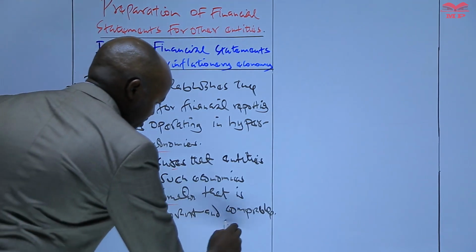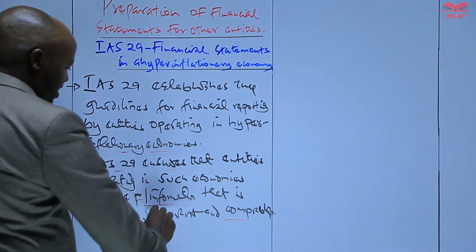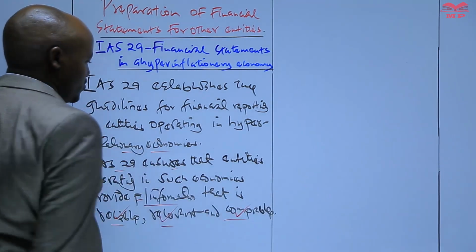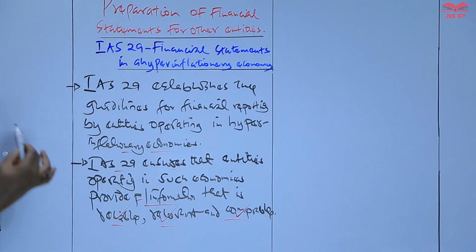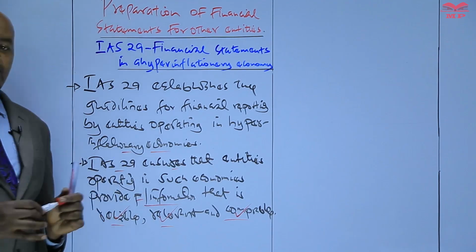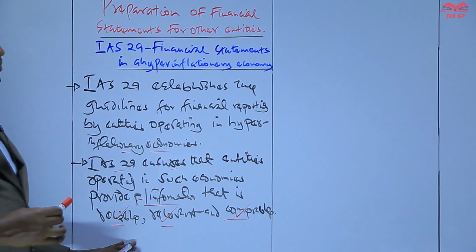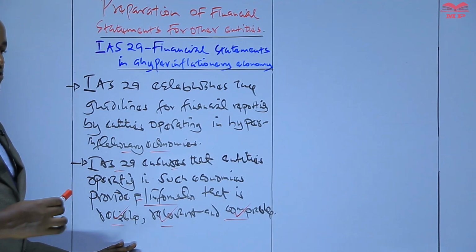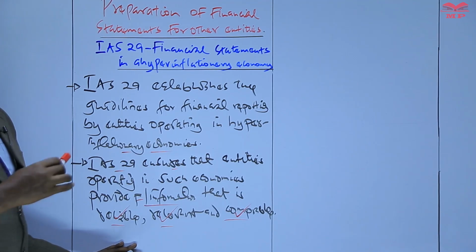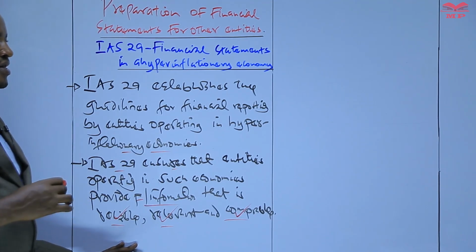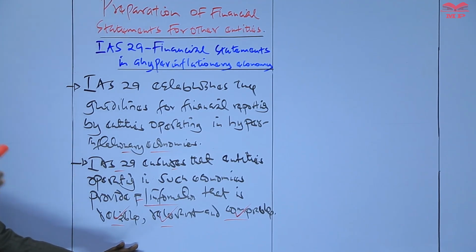This is because this particular standard requires that if a company is operating in an economy whereby the purchasing power of the functional currency keeps on fluctuating, then the financial statements prepared by such an entity must be what?